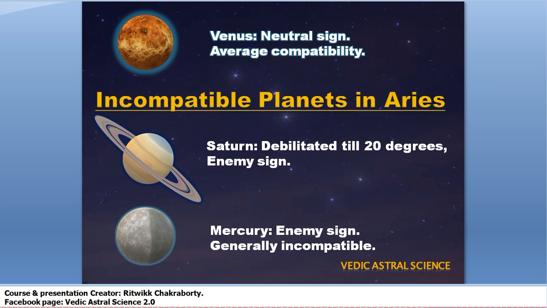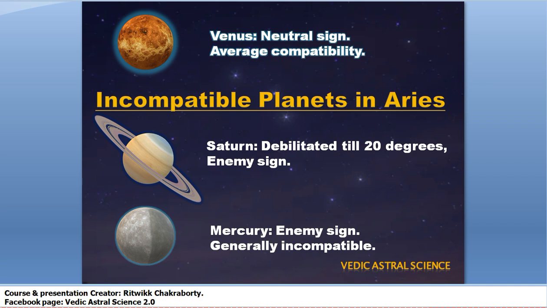This is the reason why Sun is very compatible in the sign of Aries, because of the similarities between the significations. But Saturn on the other hand represents death, disease, old age, and all the other things which are quite opposite to the sign Aries and also to the planet Sun. So Saturn is not considered compatible in Aries at all.